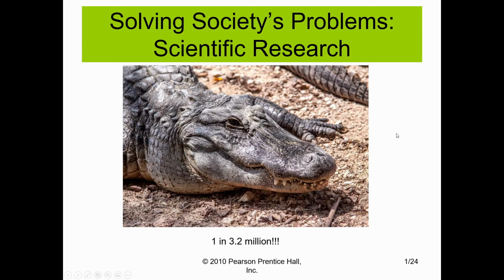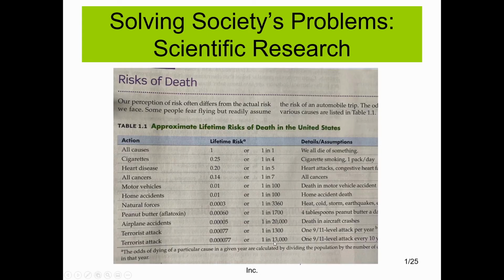The chance of being eaten by an alligator is actually 1 in 3.2 million. There are very few alligator deaths a year. It's even less common than being in a terrorist attack or an airplane accident or anything like this. It's way more rare, but it's something that a lot of Floridians fear.